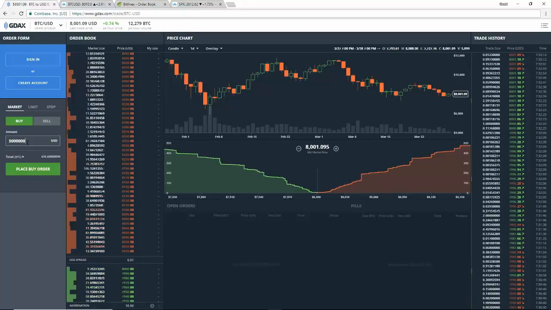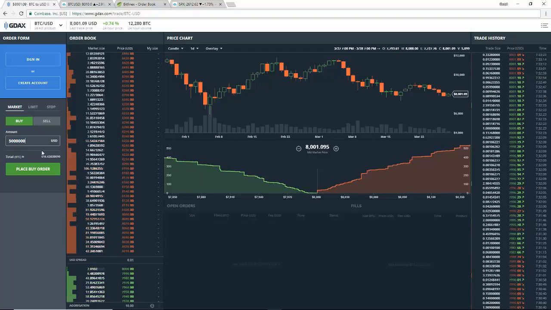And we can see that if somebody were to come in right now with $5 million and buy this particular asset, they would be picking up about 616 Bitcoin. That would be pushing price up through these levels until the entire order was filled.